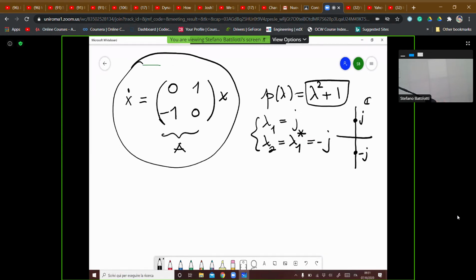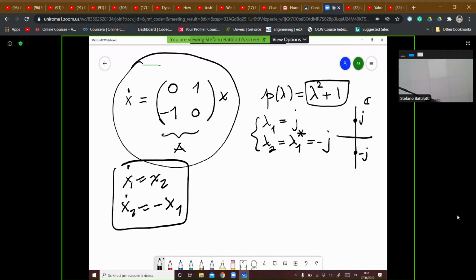Okay. Its equations are this. Okay, you can also modulate the frequency of oscillations simply by parameterizing this equation in this way.